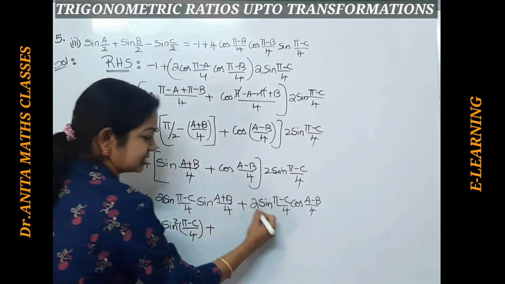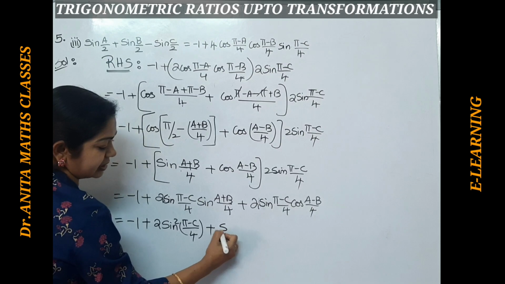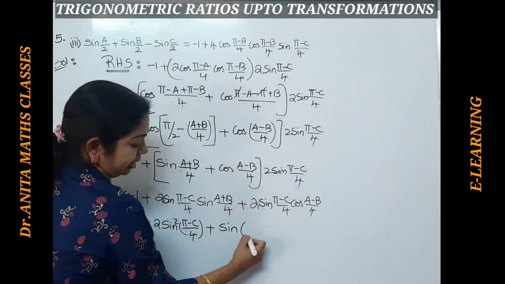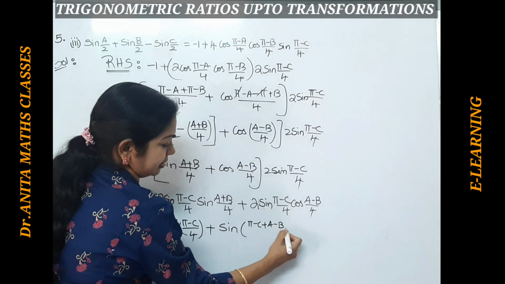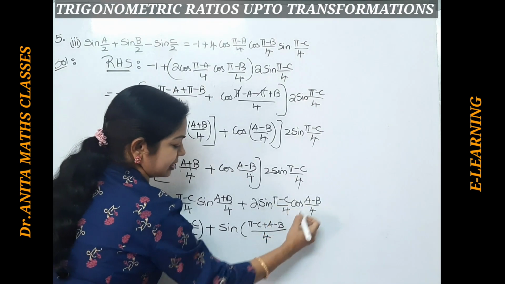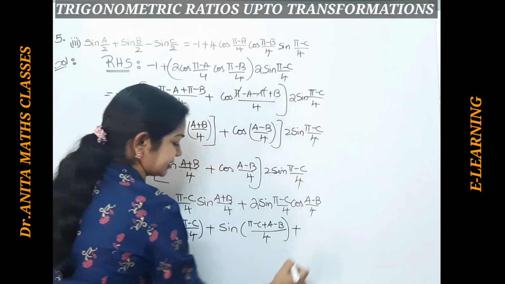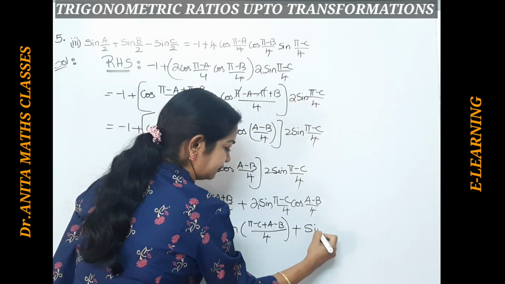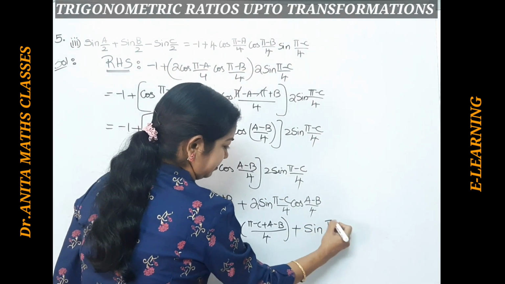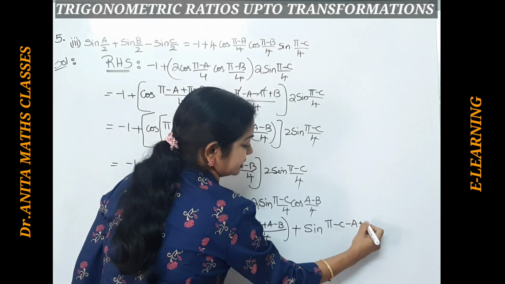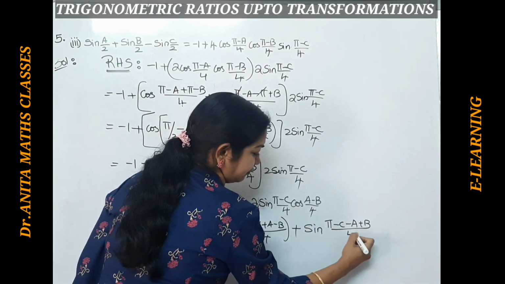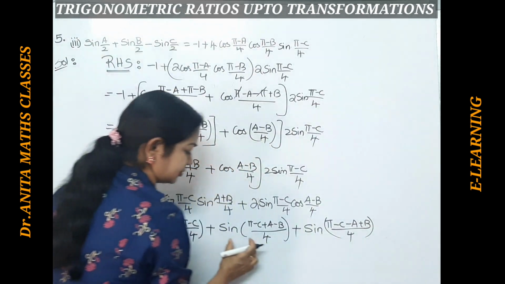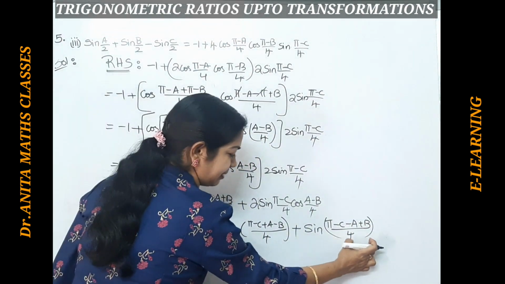We can split this using the transformation formula, that is sine of a plus b plus sine of a minus b.